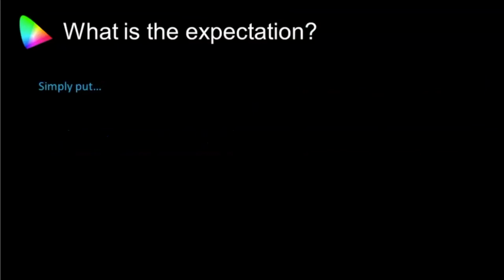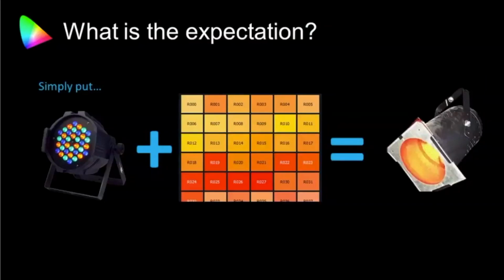And this is Sam's favorite slide in the whole world. What we're generally asking the console to do is take my LED fixture, apply a gel picker pick that I do, and it's going to look exactly the same as an incandescent with a gel in front of it. And that's just not ever going to be reality.